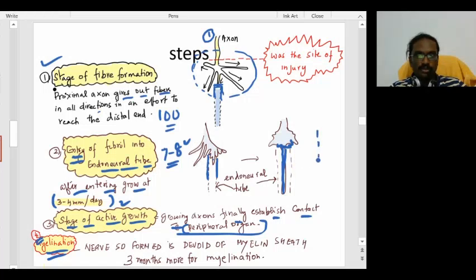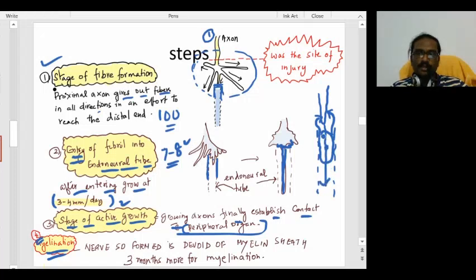So if this is the neurilemmal tube, before this single axon wanted to enter, there was a big Schwann cell here which was occupying the neurilemmal tube, and it is this Schwann cell which plays an important role in directing this single axon fibril towards this neural tube.